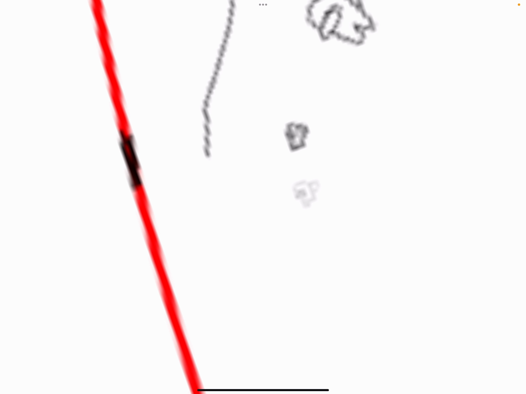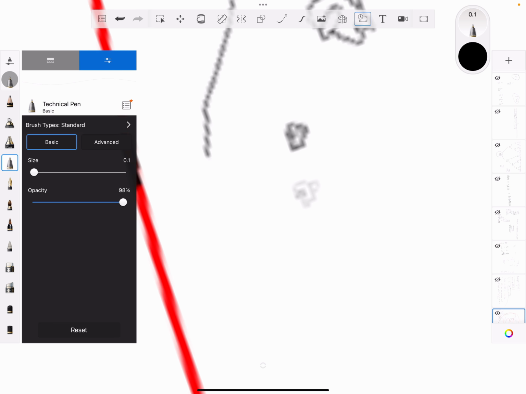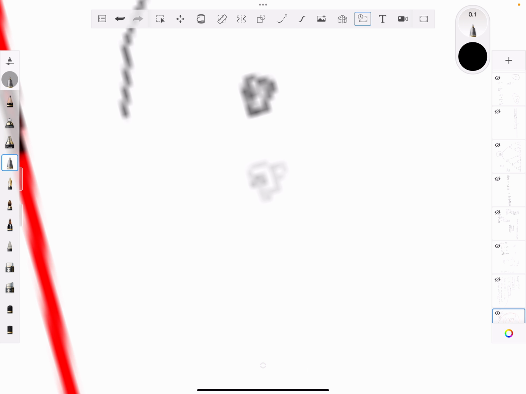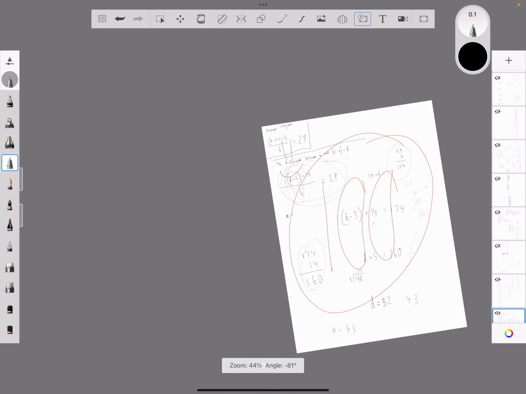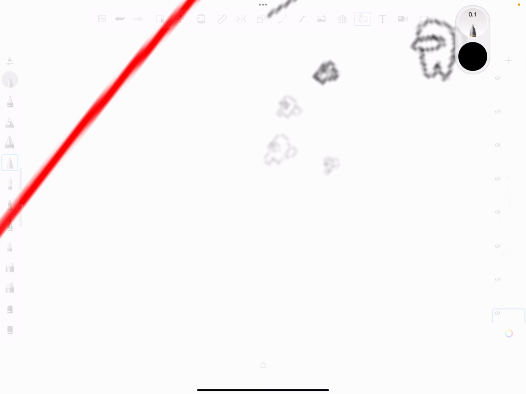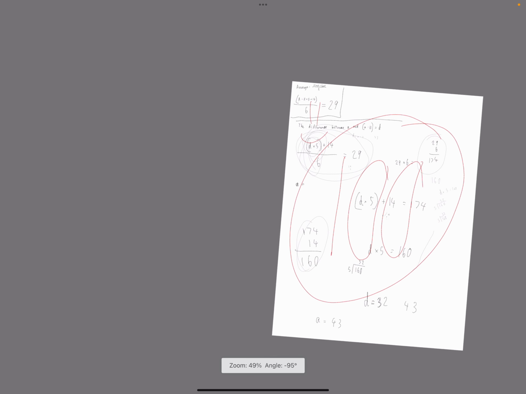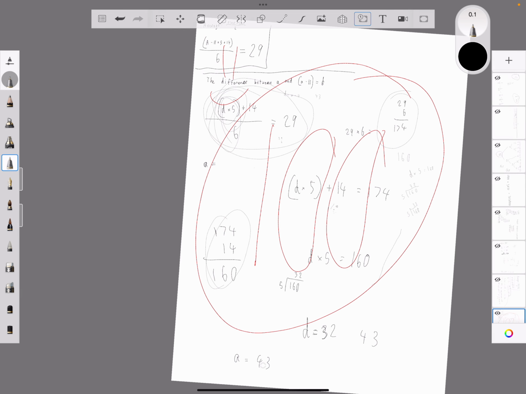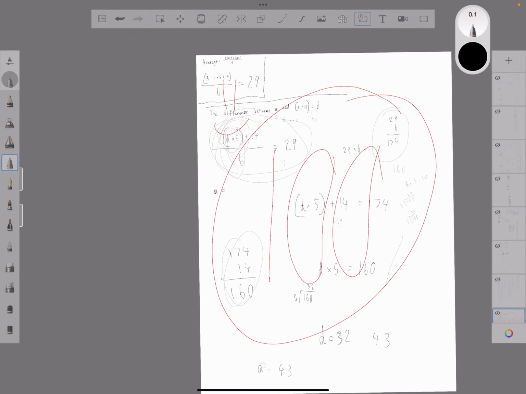But at least we got Among Us now. Among Us, yay. Among Us, small. That doesn't look like Among Us, but I guess that's small enough, right? See? Okay, never mind. Let's go back to the thing we were doing.